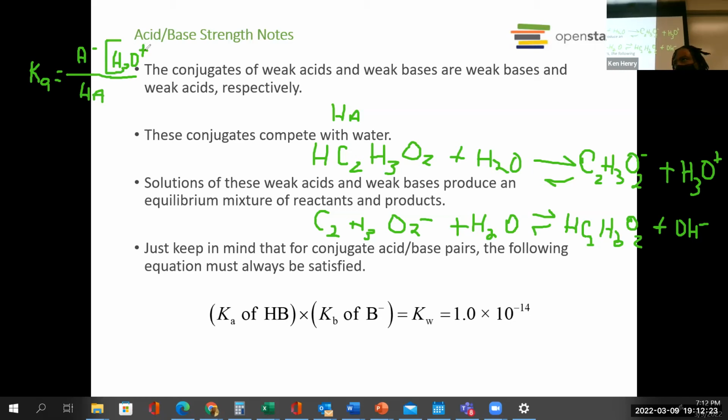Of course, we know this is in brackets. Okay, so Kb is going to be HA times OH minus over A minus.